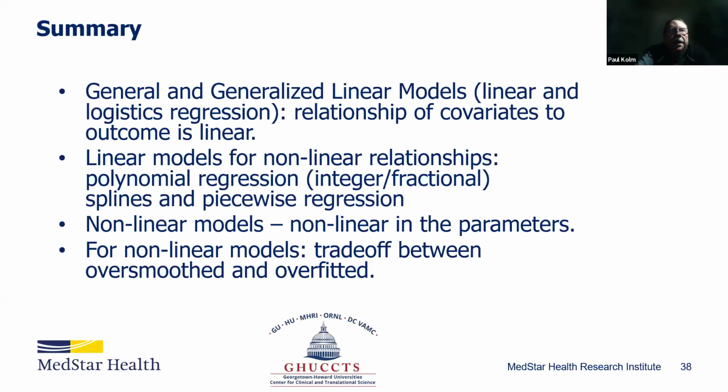So in summary then, when you do general or generalized linear models, either linear or logistic regression, the assumption is that the relationship of the covariates to the outcome is linear. And if that's not the case, then we can model nonlinear relationships, and we talked about linear models for doing this: piecewise splines, polynomial regression, whether it's integer or fractional.